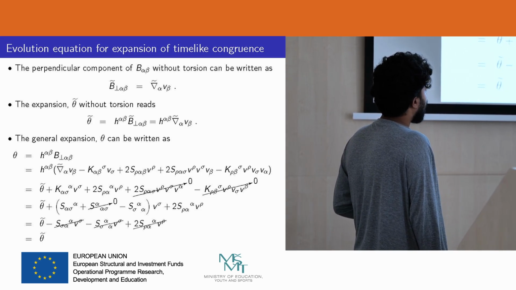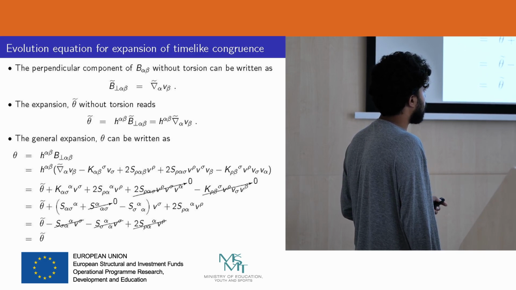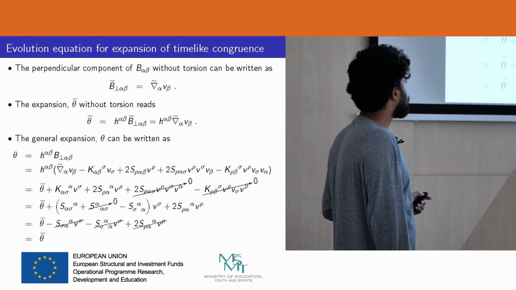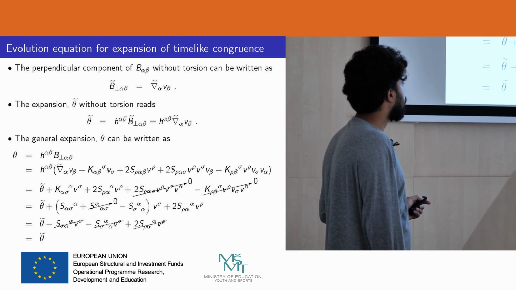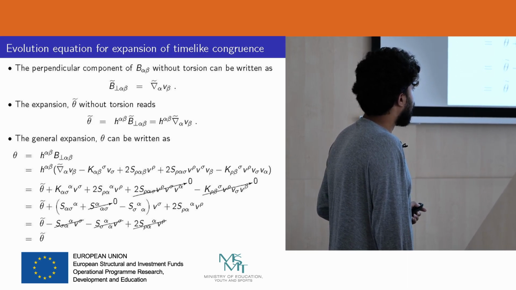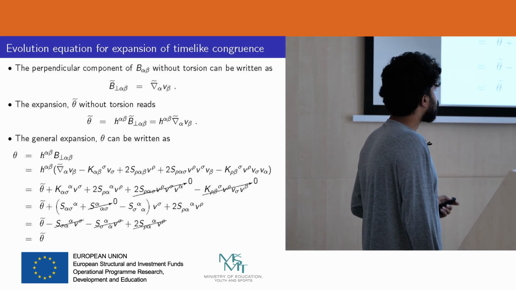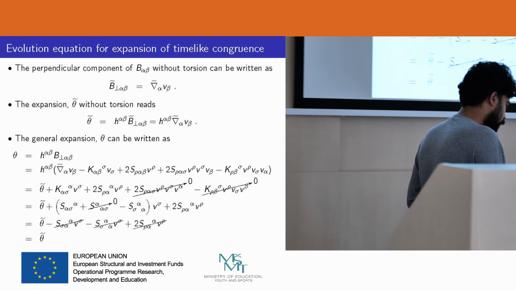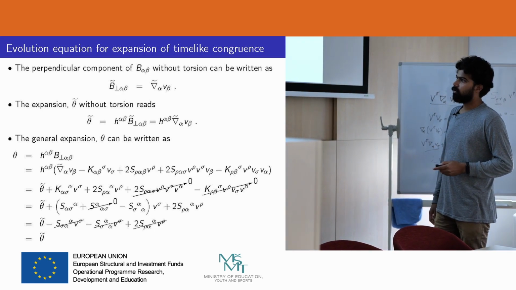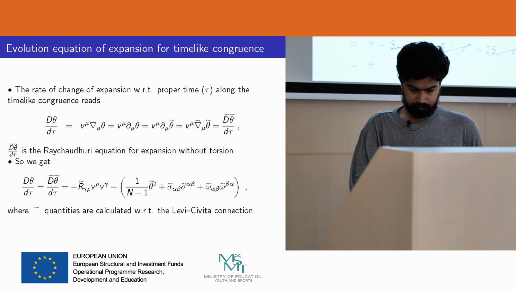We have expanded this K in this parenthesis, and we can see that S is antisymmetric in its first two indices, so if they are self-contracted, that is alpha alpha, that is also 0. If we just calculate this, we can see that theta equals theta tilde. So even if there is torsion, the expansion scalar is not changing, at least formally. We can say that theta equals theta tilde even in the presence of torsion.